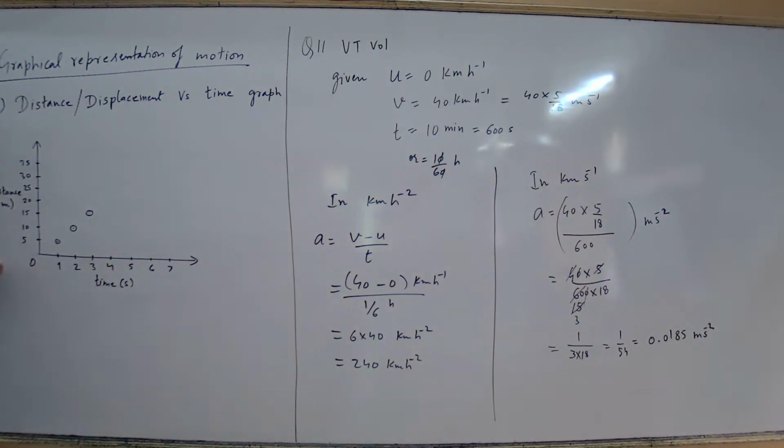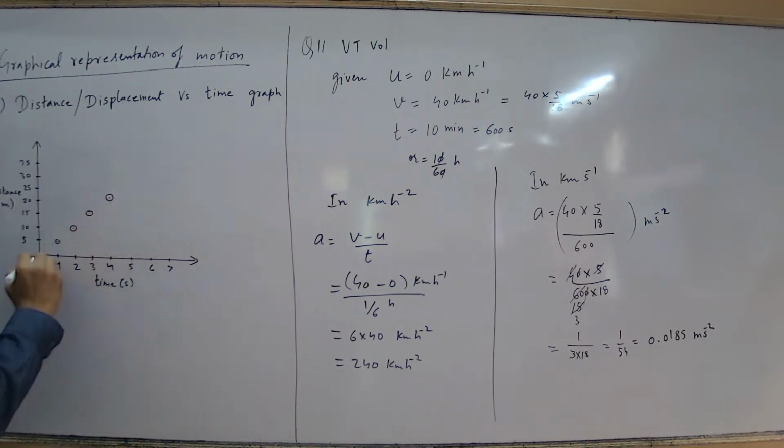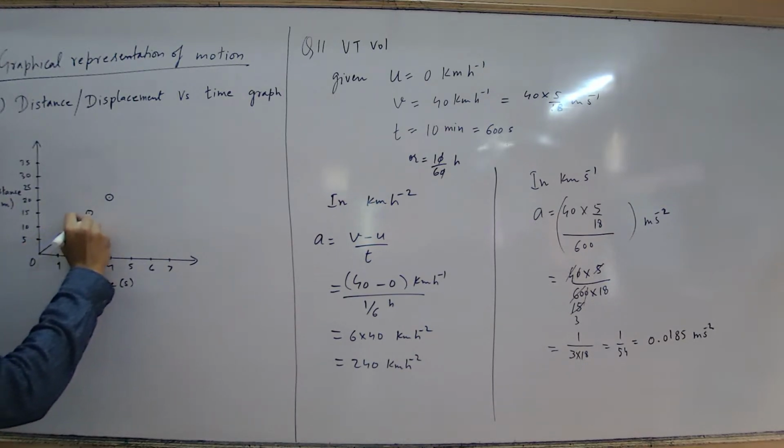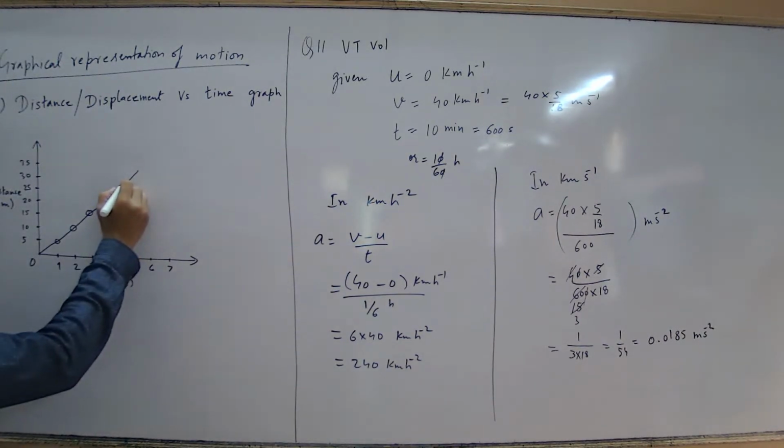So in equal intervals of time, it is covering equal distances. Like in 1, 5, and 2, another 5, and 3, another 5, right? This type of motion with equal distance in equal time is called uniform motion. Another 1 second it covers another 5. So you see for uniform motion, you get a straight line. For uniform motion, what do you get? You get a straight line.